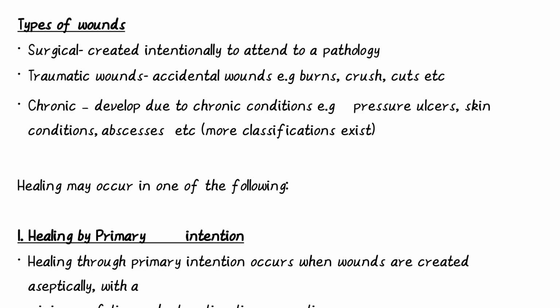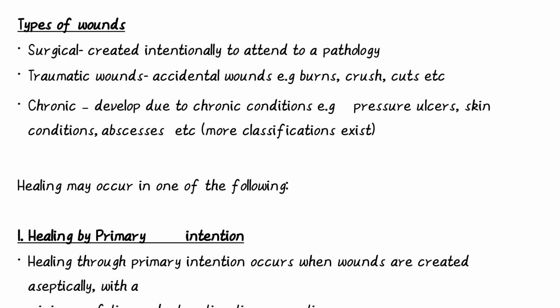Probably one has issues with the digestive system, so to attend to the pathology, we create a wound intentionally. So that is a surgical wound. Then traumatic wounds are always a result of accidents. So we talk of issues like burns, crashes, cuts, among others.